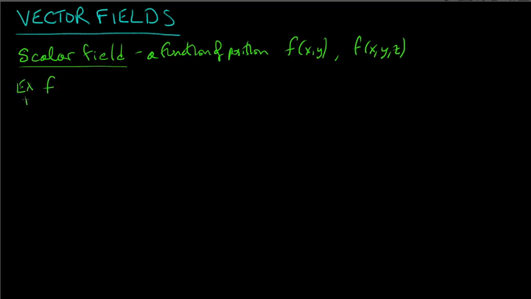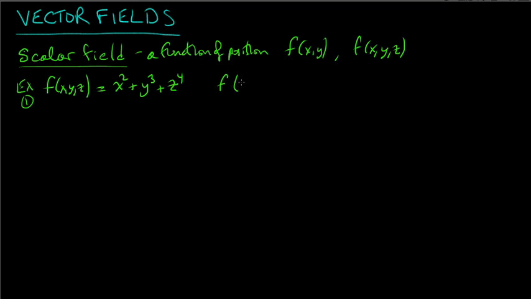Here's an example. Suppose we have a function of x, y, and z. That's just x squared plus, let's make it interesting, y cubed plus z to the fourth. So this is a scalar field. Every point in space has a different value.